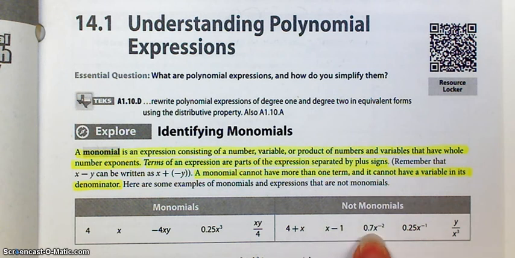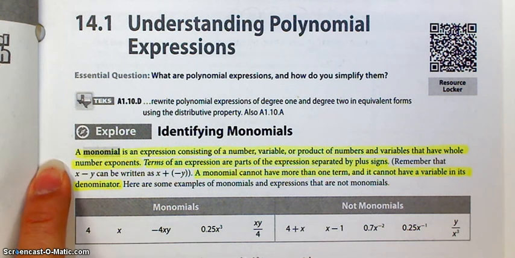This is not a monomial because x to the negative 2 is really 1 over x squared, and you cannot have a variable in the denominator and have a monomial. Same thing here. You've got a number multiplied by x to the negative 1 power, but that really becomes 0.25 divided by x, and you cannot have a variable in the denominator. Over here, again, variable in the denominator. So these guys are not monomials, these guys are.